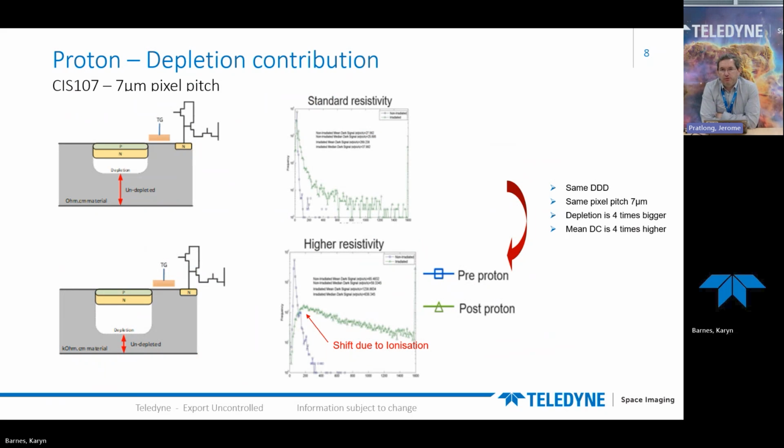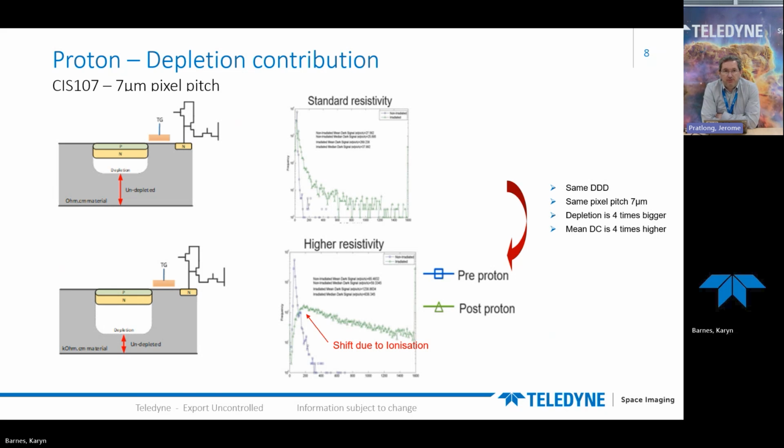Now, we are going to go through a few examples showing the variation of the effect on dark current following the volume of the depletion area and the dose of the test. Here are 2 examples of a device, CIS-107, a 7 micron pixel pitch with 2 variants.